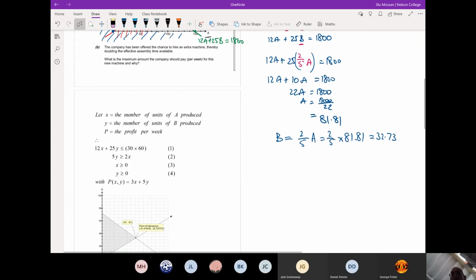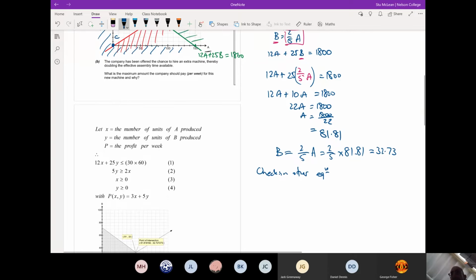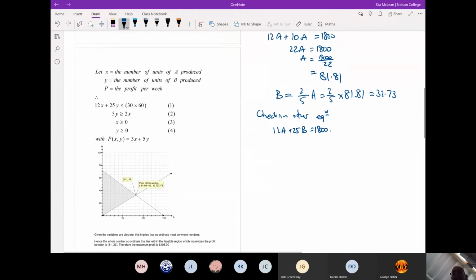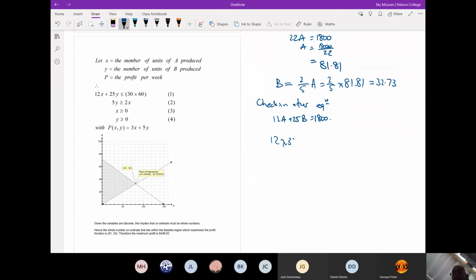But what I can do, and if I've got time, I should always do, is check it in the other equation. My other equation here is 12A plus 25B equals 1800. So let's check. 12 times 32.73 plus 25 times, oops, I've made a mistake there.